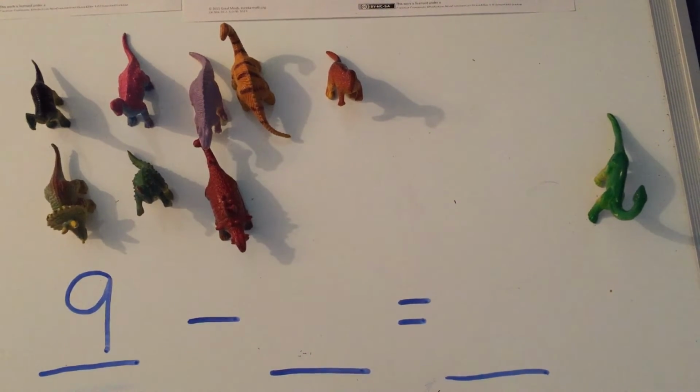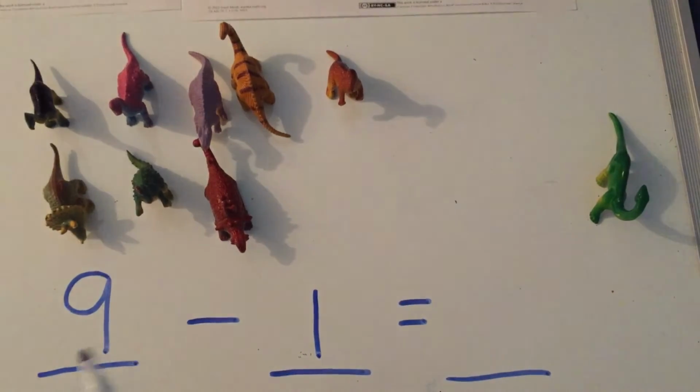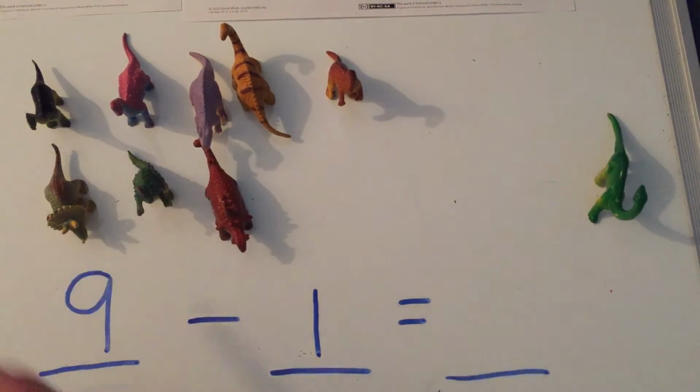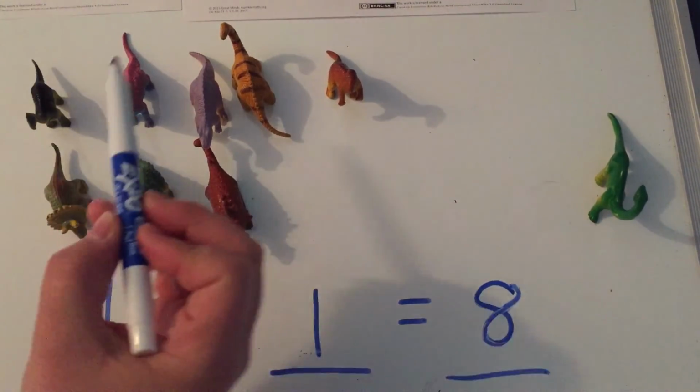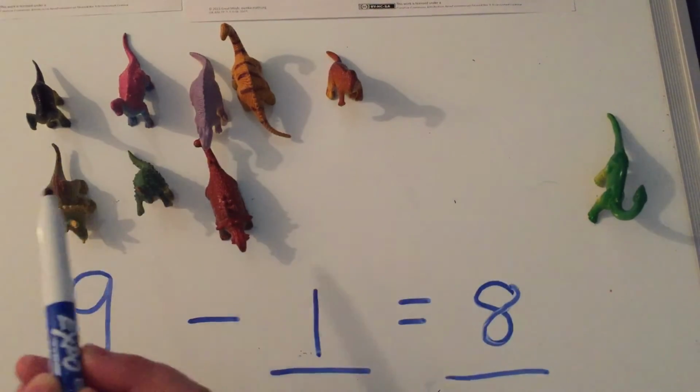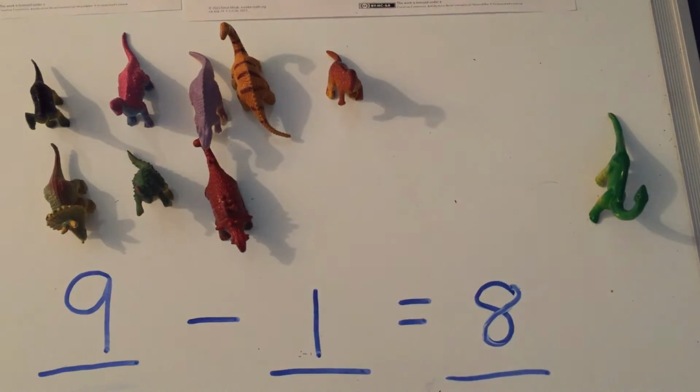Do you remember how many dinosaurs left? You're right. 1 dinosaur left. And now, how many dinosaurs are still in the forest? 8. Remember, always go back and count. 1, 2, 3, 4, 5, 6, 7, 8. Now we have a number sentence to match our story about dinosaurs. Say it with me. 9 minus 1 equals 8.